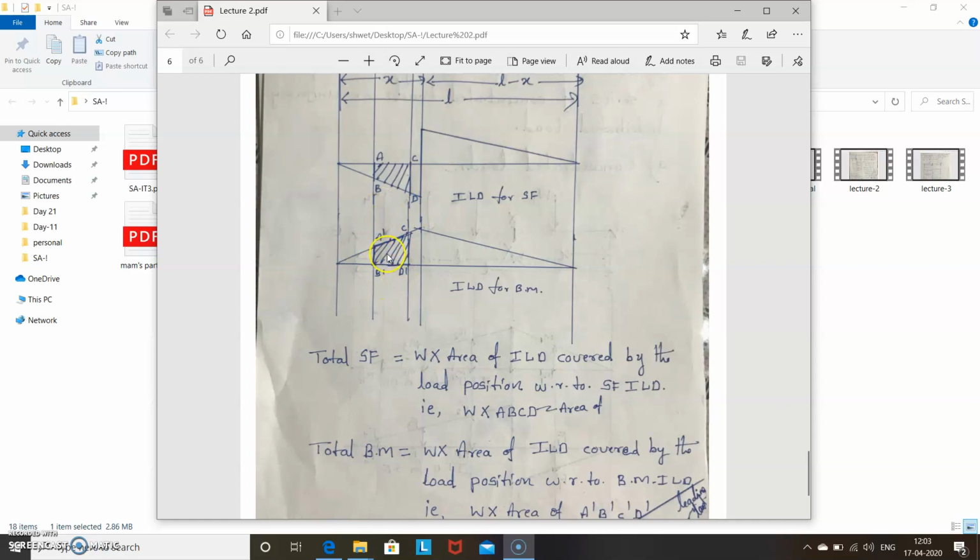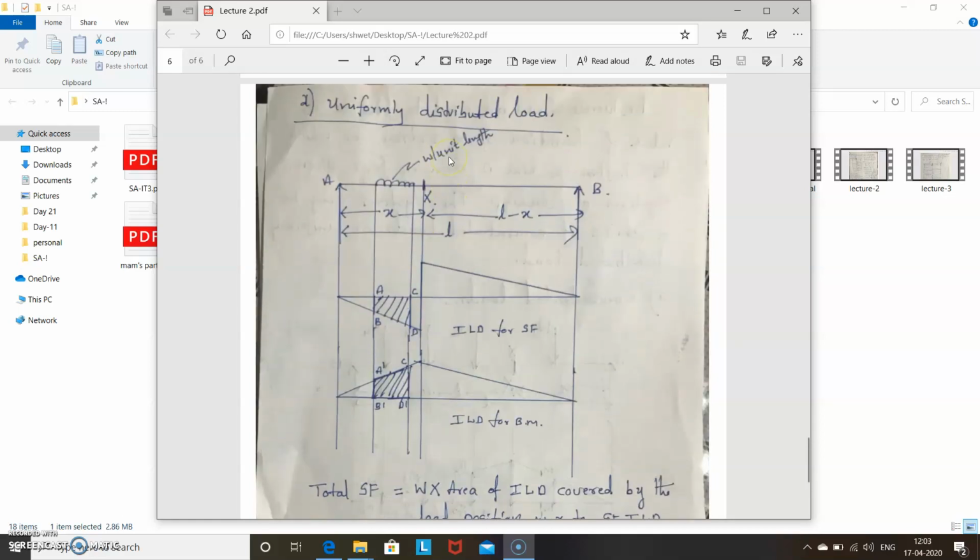You have to consider this area. That's it. So this is the way to draw or to find total shear force and bending moment in the case of uniformly distributed load. It is the same for both loads smaller than the span or larger than the span. The method is the same.